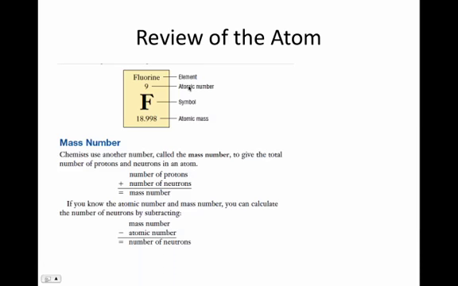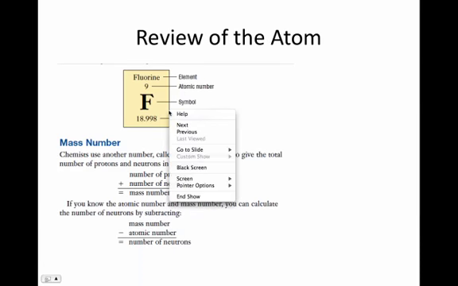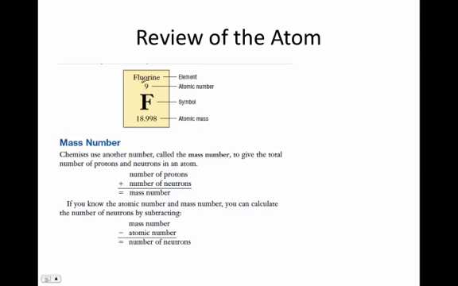So here's fluorine, for example. Fluorine's number 9 on the periodic table, which stands for the number of protons. And here's its relative atomic mass, and we have to round it to 19. So how do they get 19?